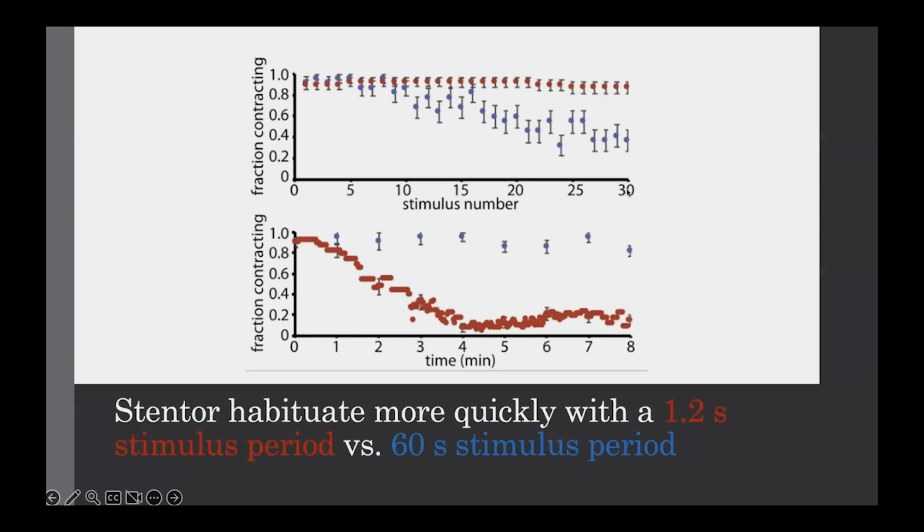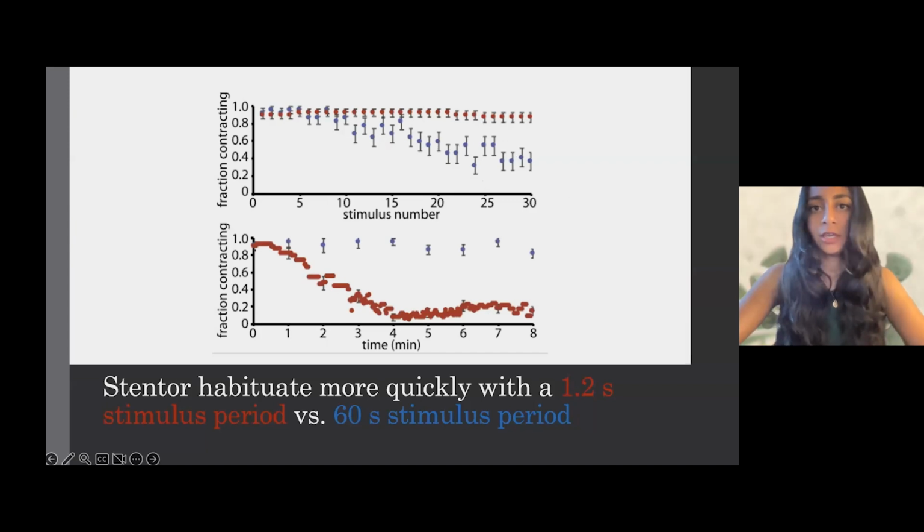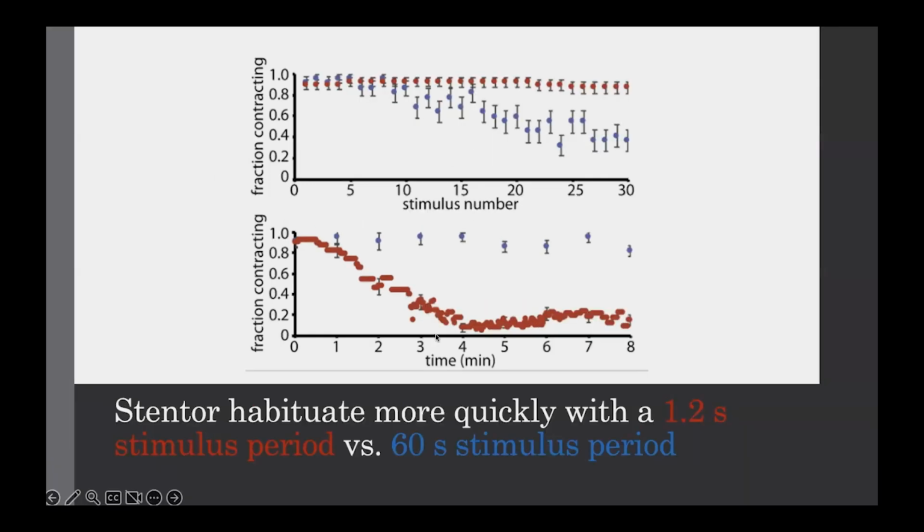So 30 taps delivered at a frequency of 1 per minute actually leads to more habituation than 30 taps delivered at a high frequency of 1 per 1.2 seconds. So this tells me the stentor are not counting, because if the stentor could count to 30, it wouldn't matter what the time interval in between these taps were. These curves would be the same.